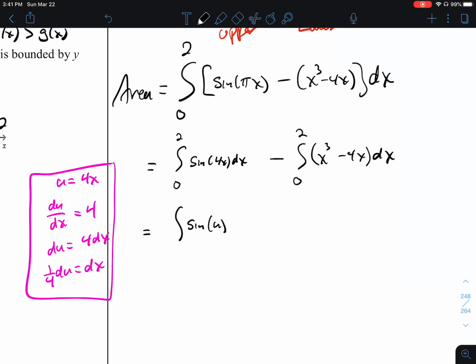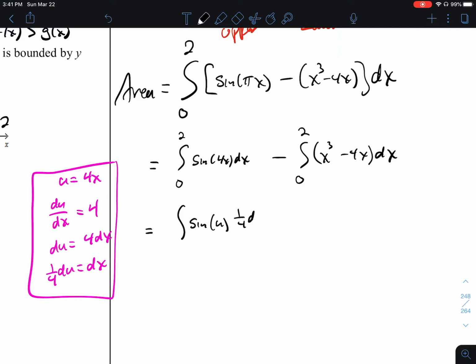I'm replacing dx with 1/4 du. Now at this point, this 1/4 we can take to the front, and the upper and lower limits are now changed. Oh dear, what's happening? This is a pi. I wrote a 4.